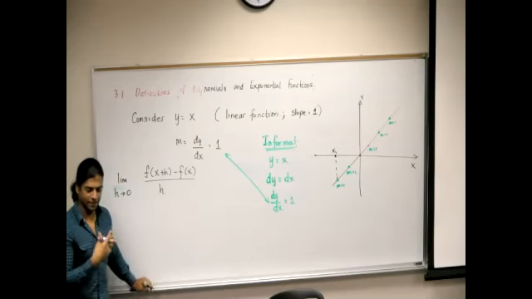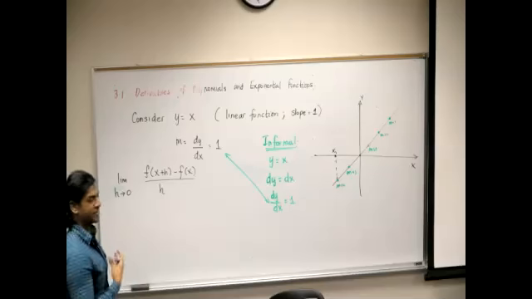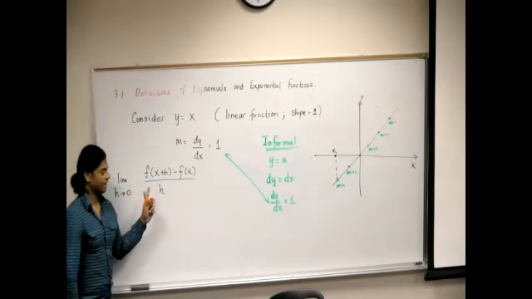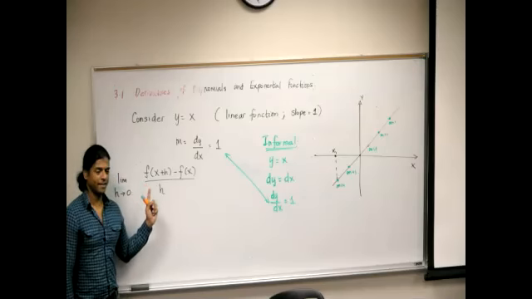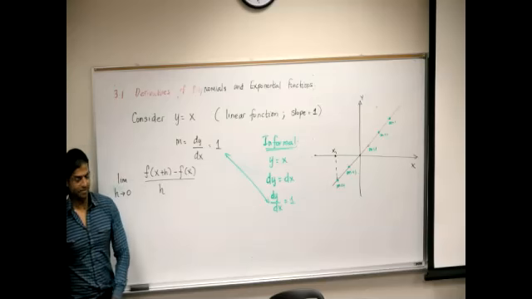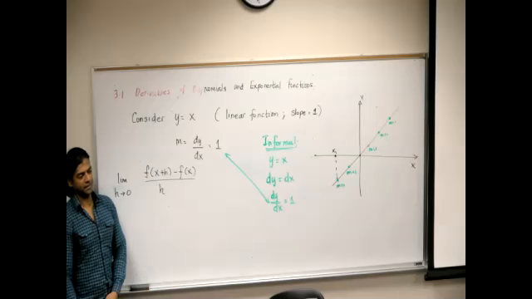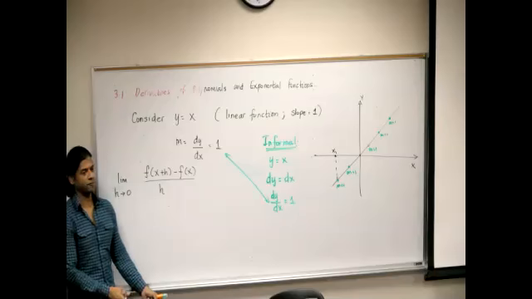In other words, take the limit as h approaches 0 of the difference quotient of the function. What is f of x plus h? If y is equal to x, what is f of x plus h?